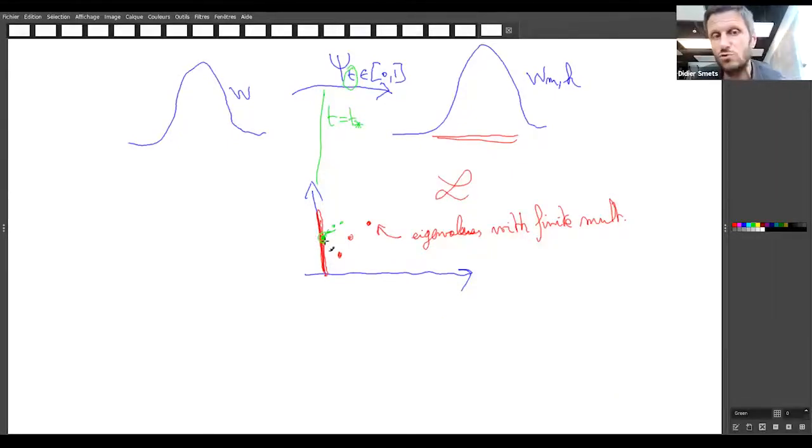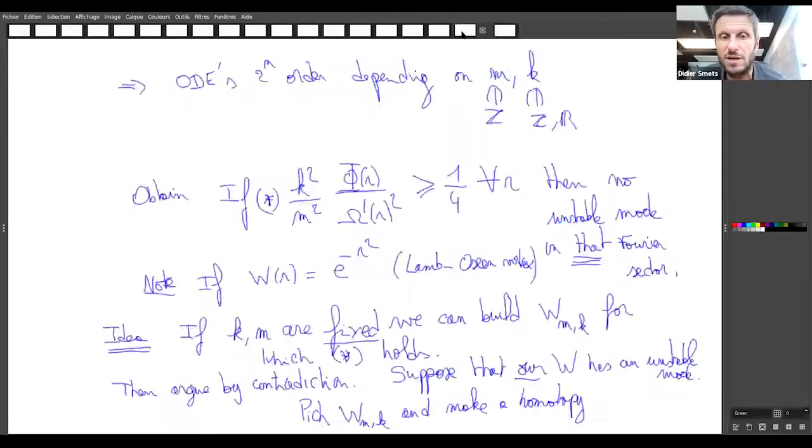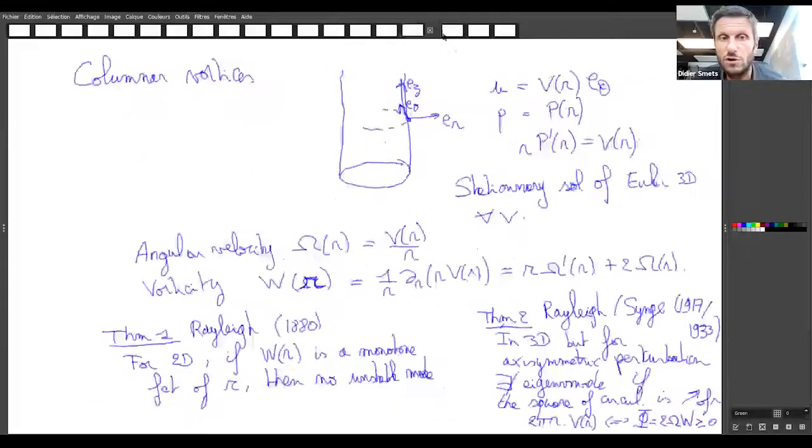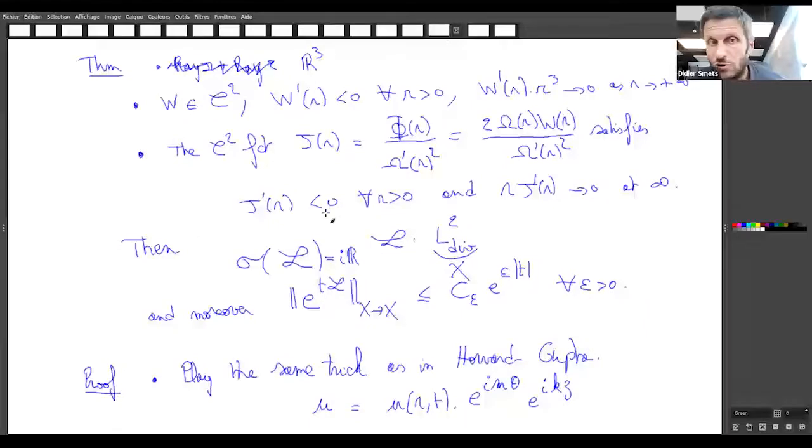And that's what you do in order to exclude these modes. And that's where this assumption in particular, that's where this assumption on the monotonicity of the Richardson functions enters into play.